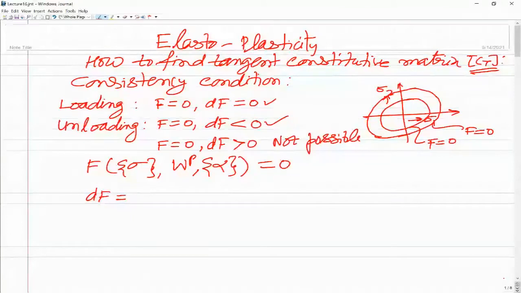So if you look at df, since f is a function of sigma, wp and alpha, it would be in terms of differential changes in sigma, wp and alpha.